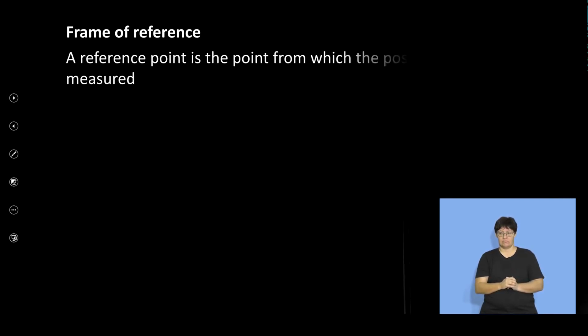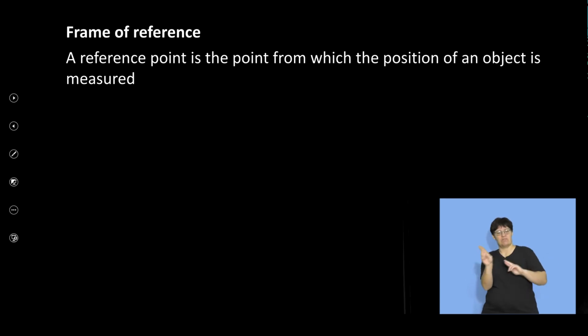So when we look at frame of reference, this is our definition. It's a reference point. The frame of reference is the point from which the position of an object is measured. So if I want to look at me to my screen behind me, I can be the reference point. If I'm considering me to the camera that's in front of me, I can either say I'm the reference point, or the TV, the screen, is the reference point.